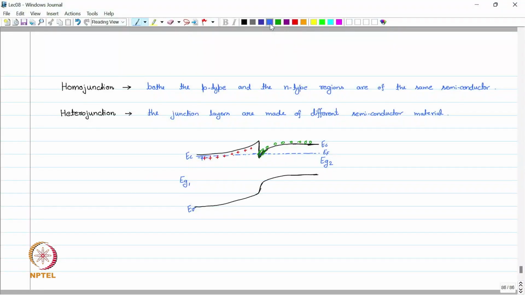So these charge carriers are confined in a space away from the doping impurities.